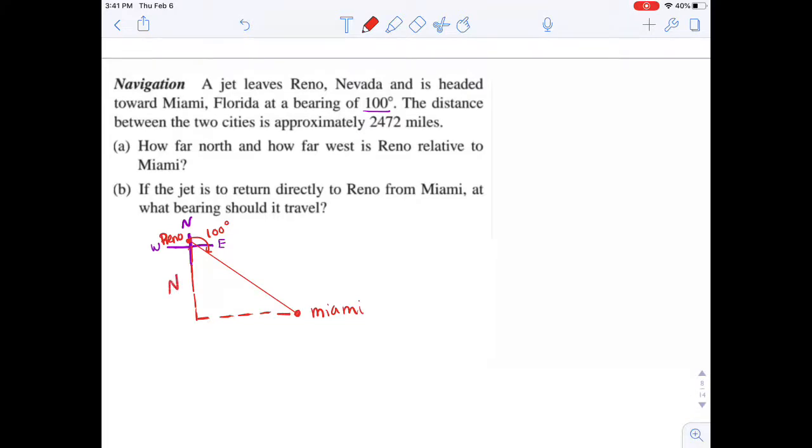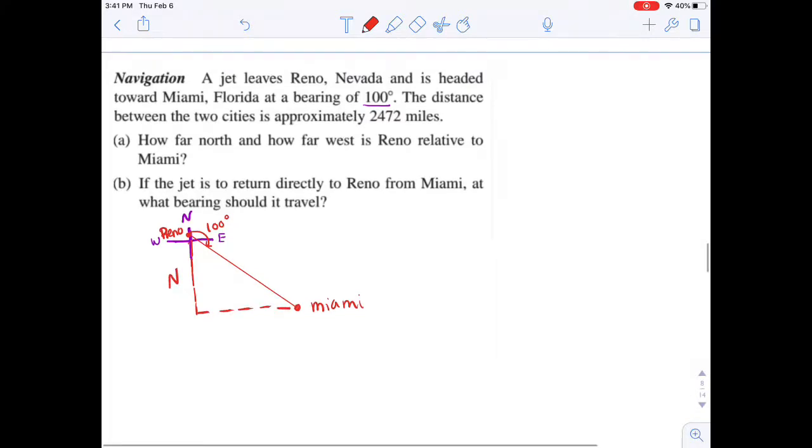So this would be north, and this would be west. Within this picture, I don't know any information besides the distance between the two cities. So I'm going to mark my hypotenuse, the distance between them, as 2,472 miles.